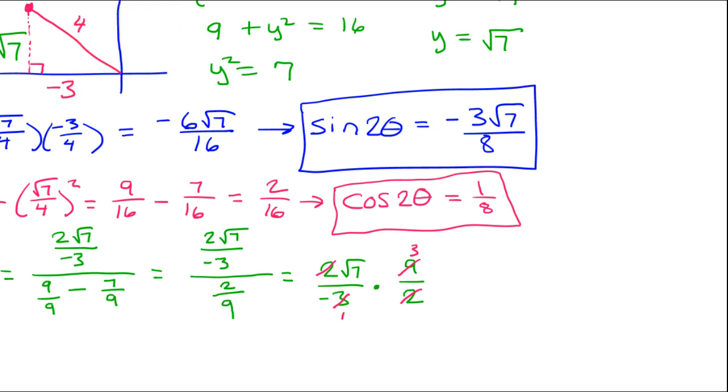Alright, notice that the negative is not going away. So I think it's time to write the answer. So I'm going to go ahead and say tangent 2 theta equals. So it'll be negative because the negative is still there. So I'm going to have negative 3 radical 7. You know what? I guess there is no denominator. So it'll just be negative 3 radical 7. Let me just rewrite that.